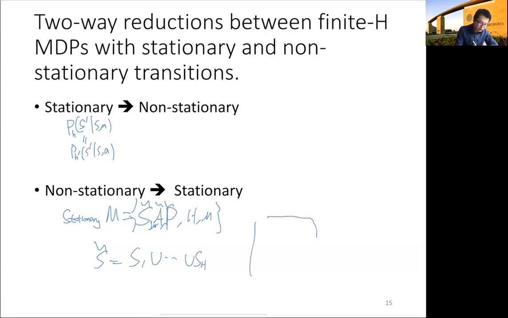We can add this additional structure that the transition kernel is in some sense of block diagonal form. So there are H blocks. When we add this additional constraint, then these are identical problems.